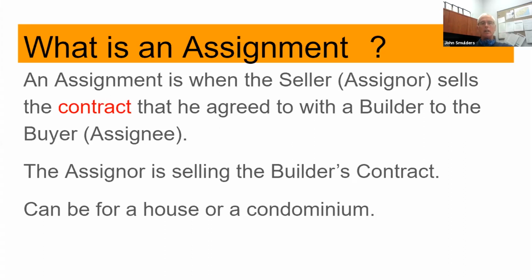You are selling the contract. It can be a house or a condominium, but you are exchanging the contract, not a house or a condominium. You're buying or selling a contract.